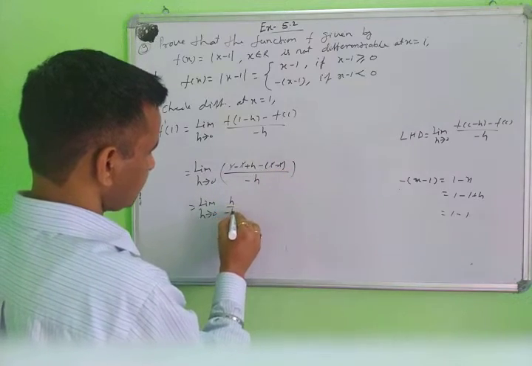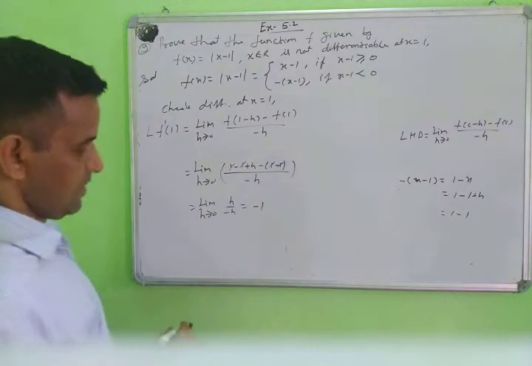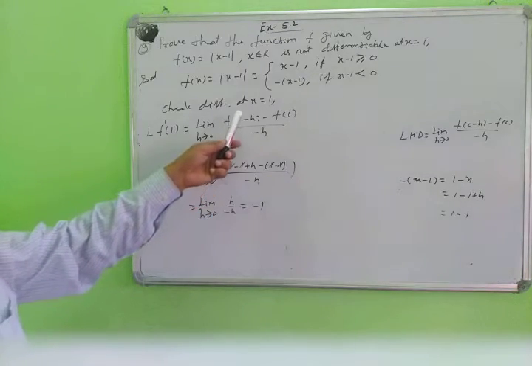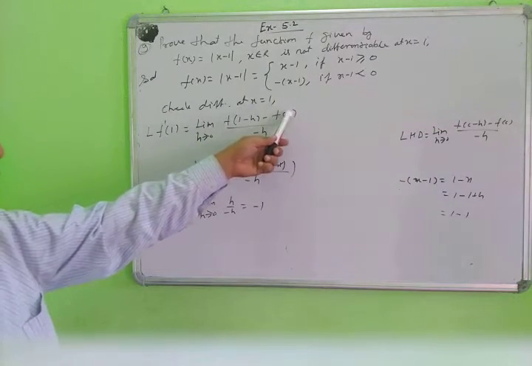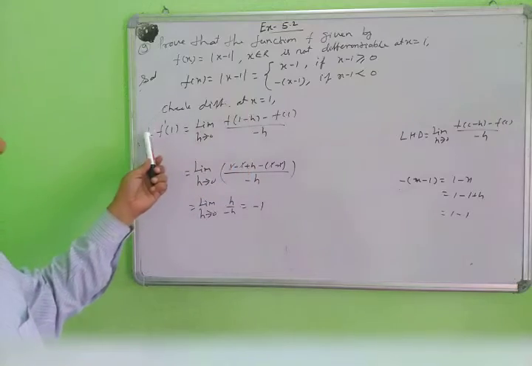Here h upon minus h, this is equal to minus 1. So this is the left hand derivative.